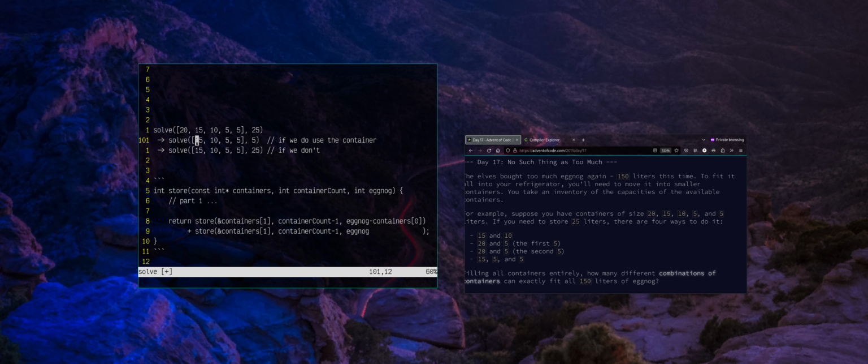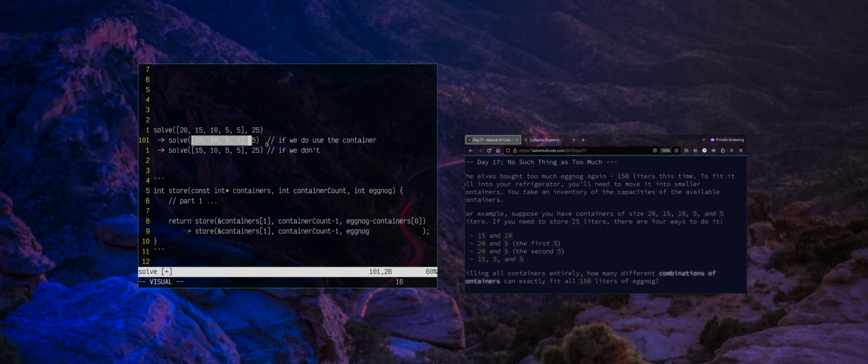If we imagine a situation where we take this container that can hold 20 liters of eggnog, and we put 20 liters in there, we are now left with a scenario where we have 15, 10, 5, and 5 containers, and we need to put 5 among them because we took 20 out and used up this container, right?